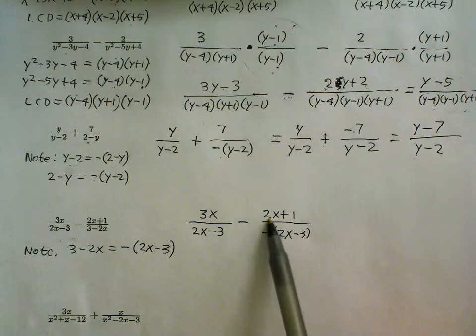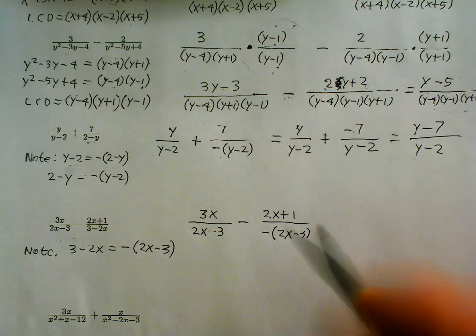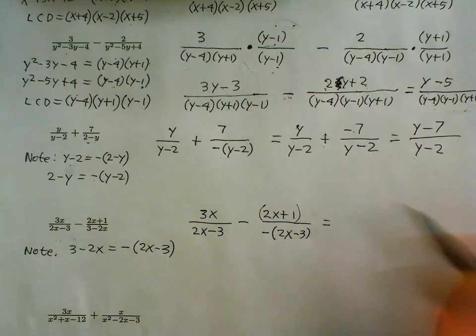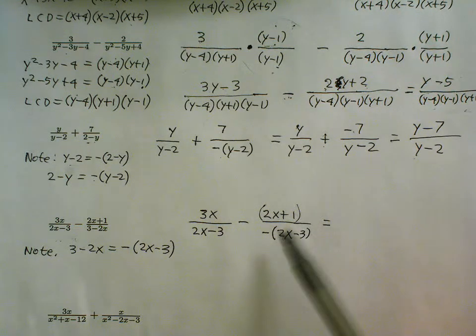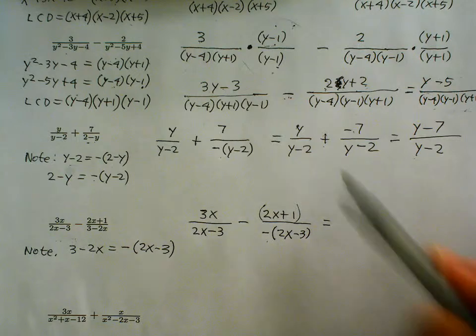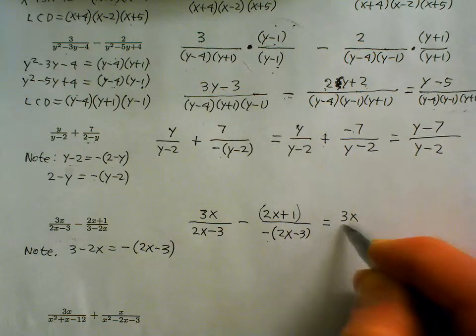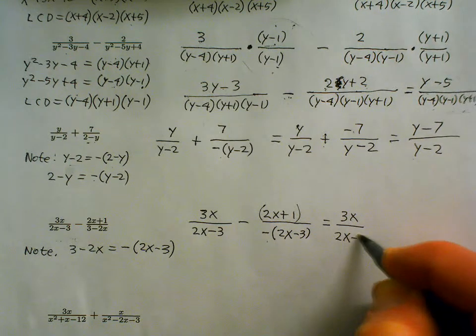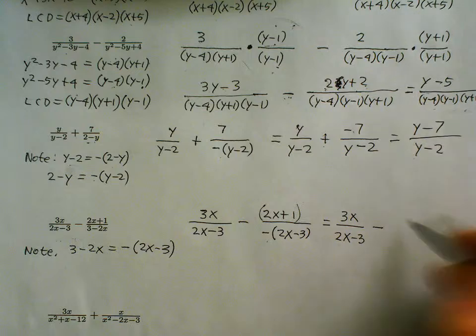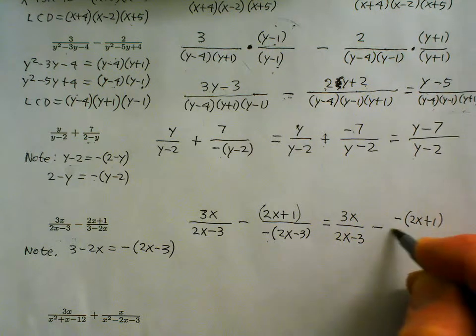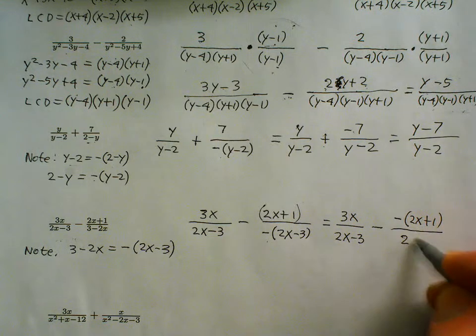Okay, well, this numerator, 2x plus 1, if we think of that as a single binomial factor, if we have a positive number divided by a negative number, we can write it as a negative number divided by a positive number. So I'll rewrite this as 3x over 2x minus 3, and then minus the negative of 2x plus 1 over 2x minus 3.